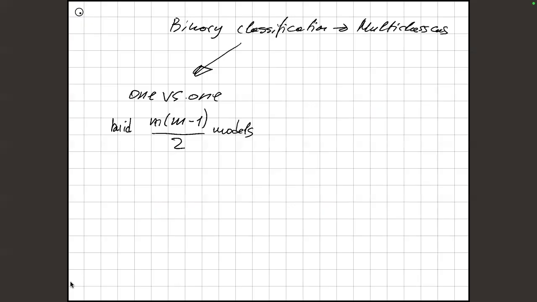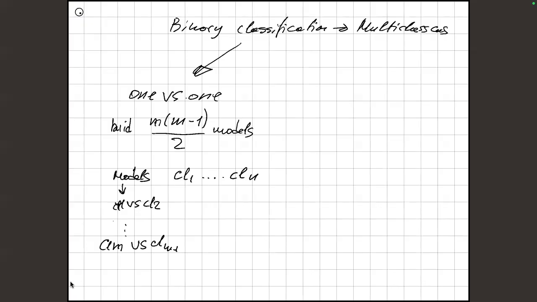You have classes here, class 1 to class n, and then you have models here, like class 1 versus class 2, etc., up to class m versus class m minus 1, for example.